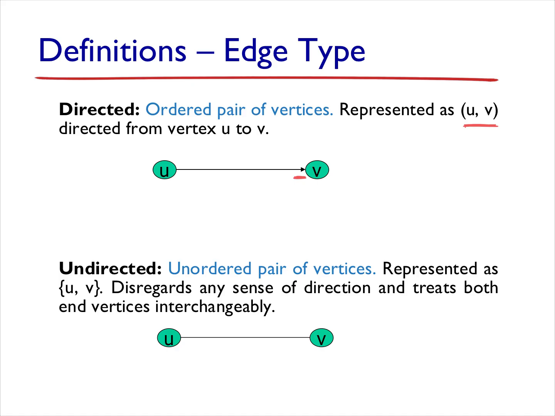Or you can have an undirected edge, so there is a link between U and V, and by default this means it goes both ways. It doesn't matter whether you start from U and end up in V, or start from V and end up in U. There is nothing preventing this from happening. We call that undirected, and in that case it's represented by the unordered set, which is put into braces instead of the parentheses that we see up there, okay?